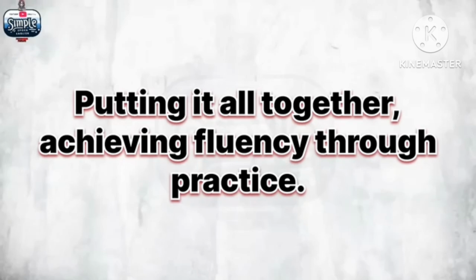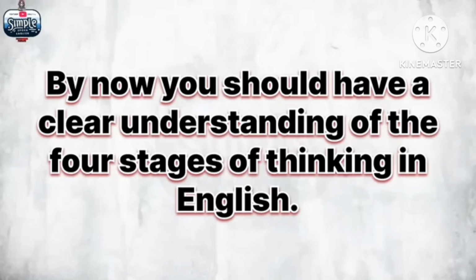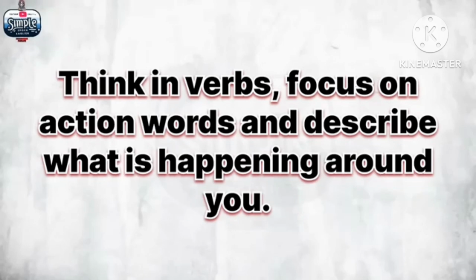Putting it all together, achieving fluency through practice. By now, you should have a clear understanding of the four stages of thinking in English. Think in verbs: focus on action words and describe what is happening around you.